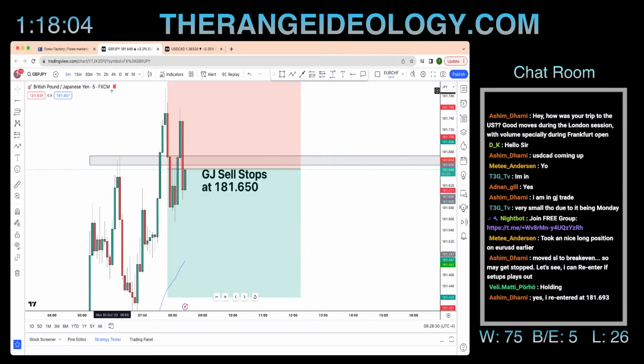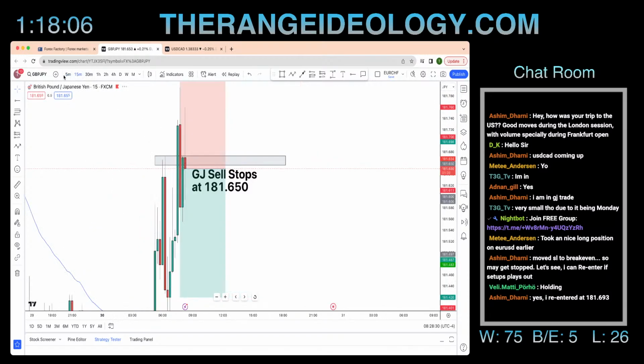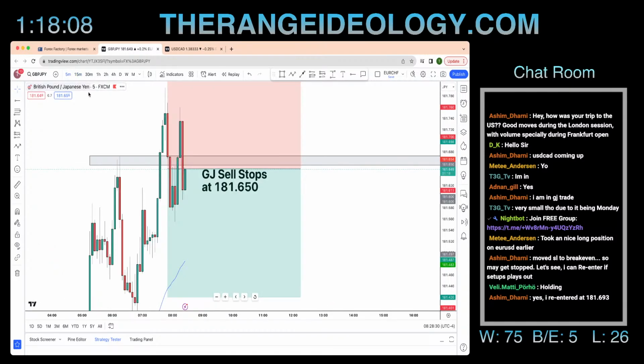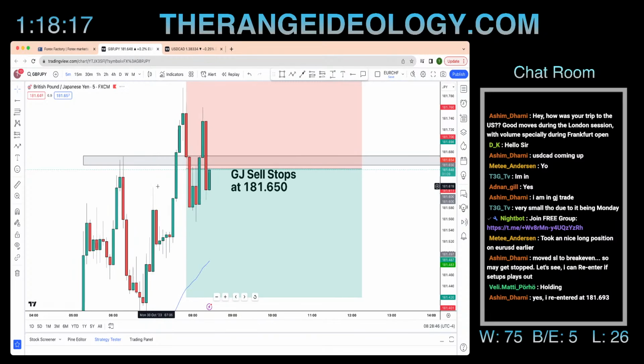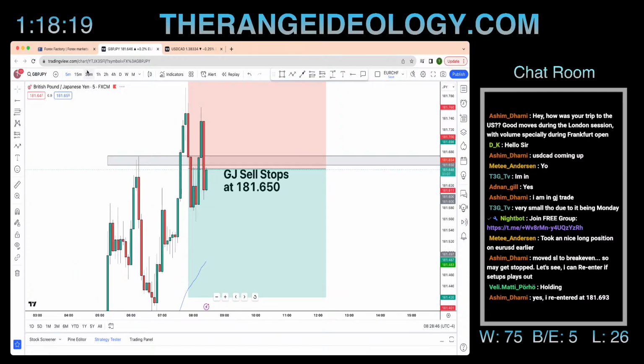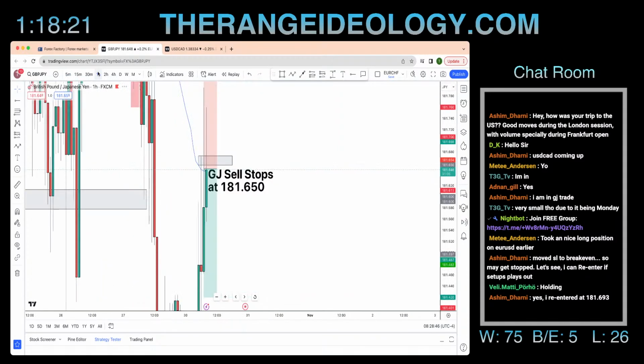Wow, GJ is really just not pulling through right now. Gave us a decent amount of pips in profit, almost 10 pips. But continues to push right at that break even point, right? So it's such a significant point because of the 1 hour EMA tap right at that level.